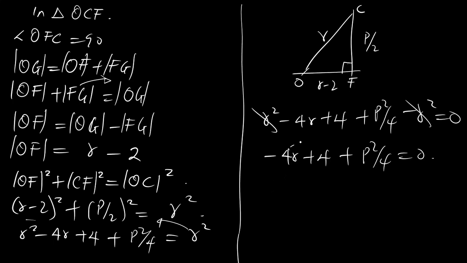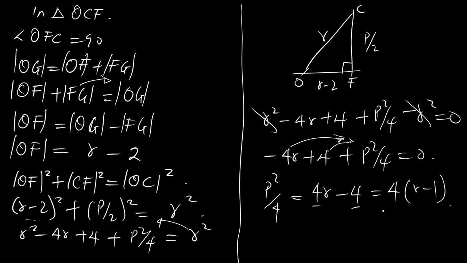Now moving this whole thing to this other side, you now have P square all over 4 equal to 4R minus 4. Now 4 is common, you say 4 into R minus 1. So now you have P square all over 4 equal to 4 into R minus 1.